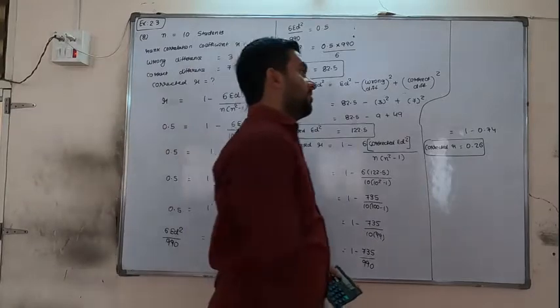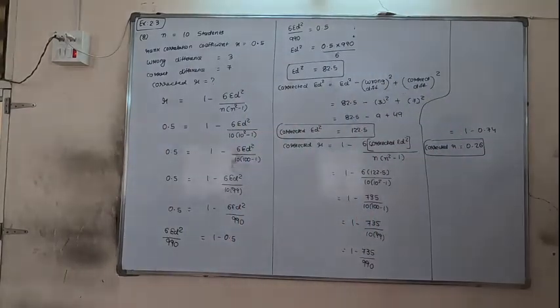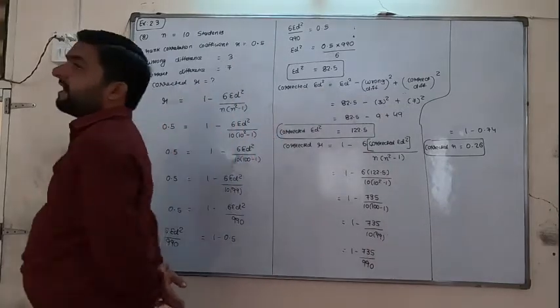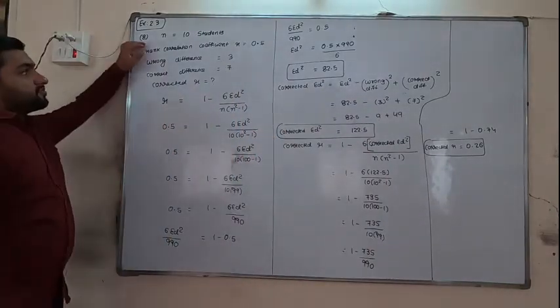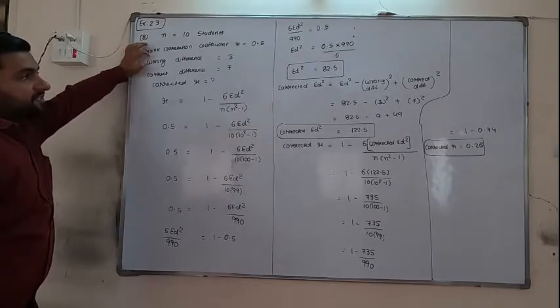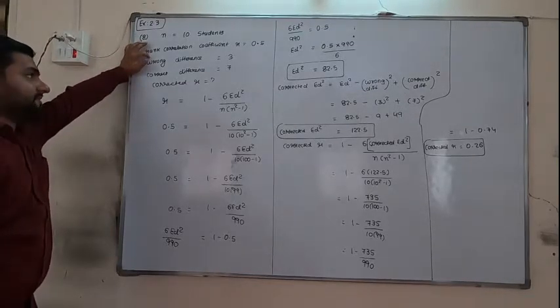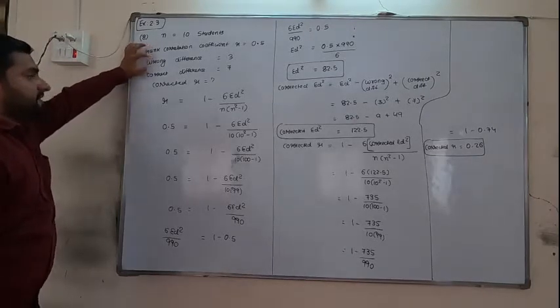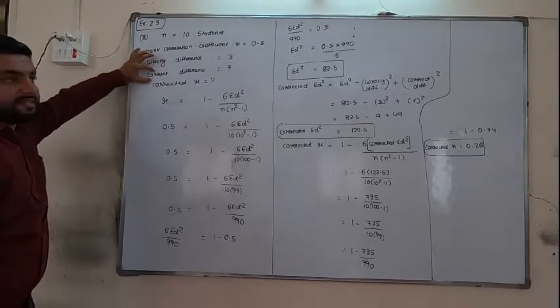Again, I will explain the whole thing. So friends, in this sum, we have been given 10 students as 10 observations. The rank correlation coefficient R is 0.5. The wrong difference is given as 3. The correct difference is given as 7.